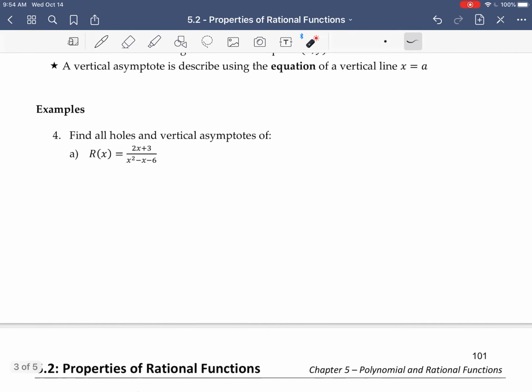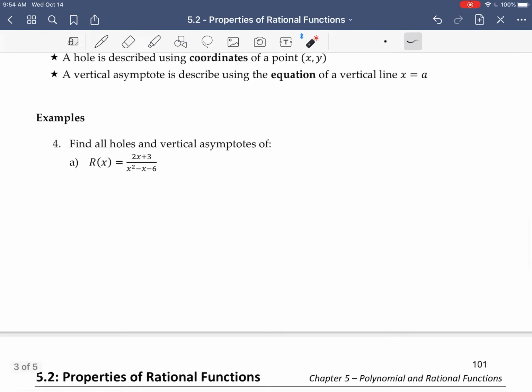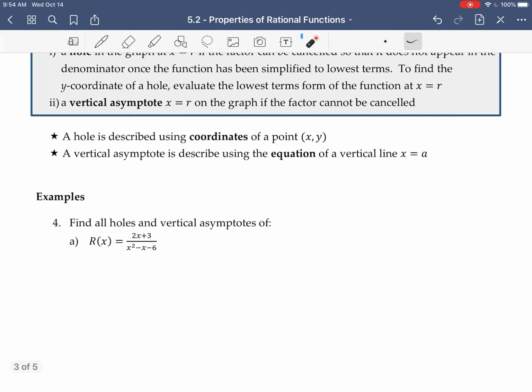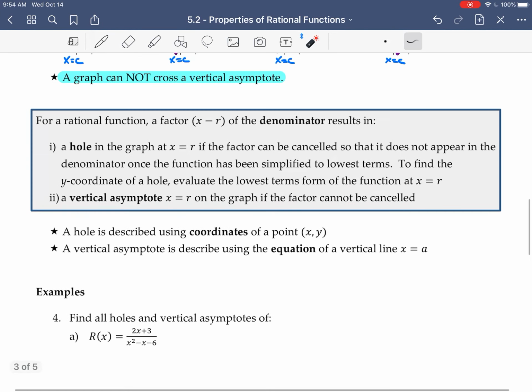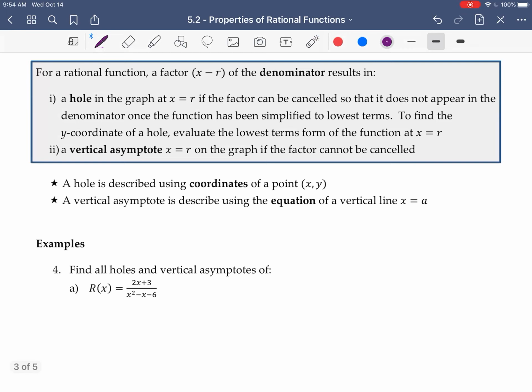Now I'm going to leave part A for you. Actually, another way you can tell: if you plug in x equals r and you get a number that's not 0 divided by something that is 0, this is telling you that you have a vertical asymptote at x equals r.